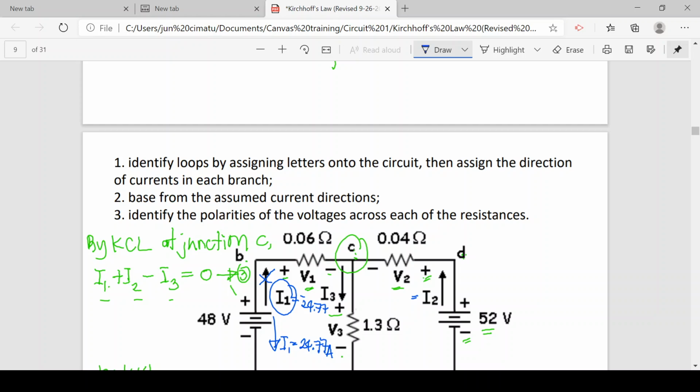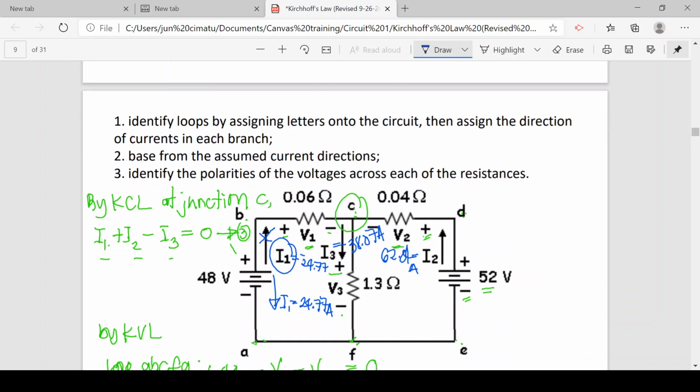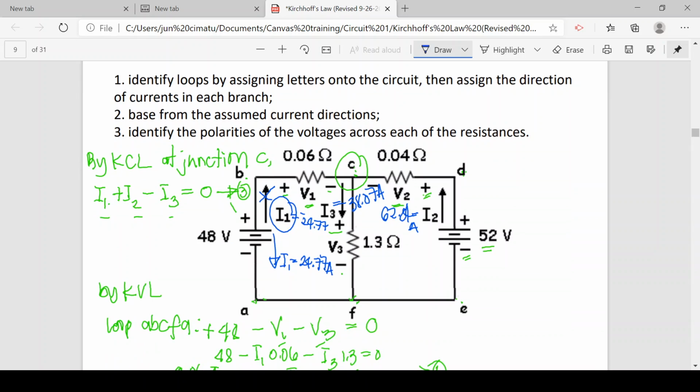The I sub 2 is 62.84 amperes, and the I sub 3 is 38.07 amperes. So these are the currents in the 3 branches of the network.